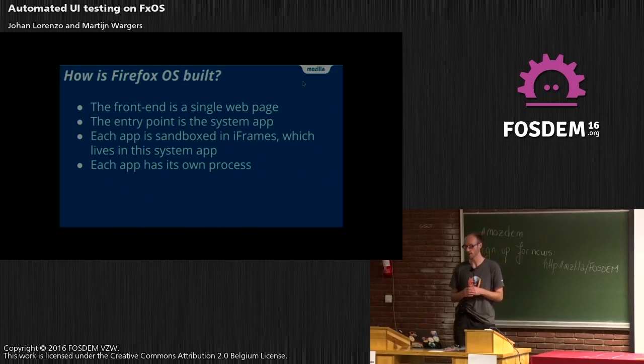The system app is in its own process, and then we have all the child apps. The home screen app is a child app of the system app, and all the other apps are also. They have their own process, which means if the home screen or contacts app or the phone app is crashing, it doesn't mean the whole system is crashing, it's only that app.